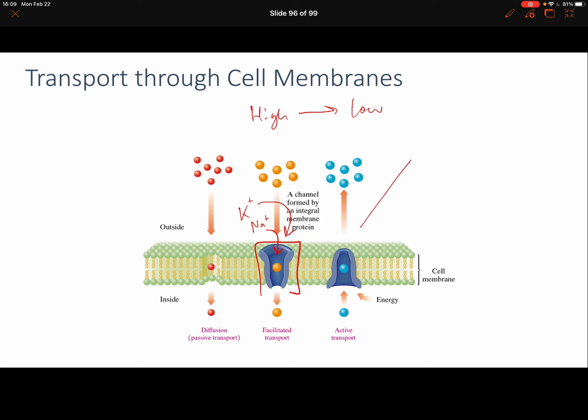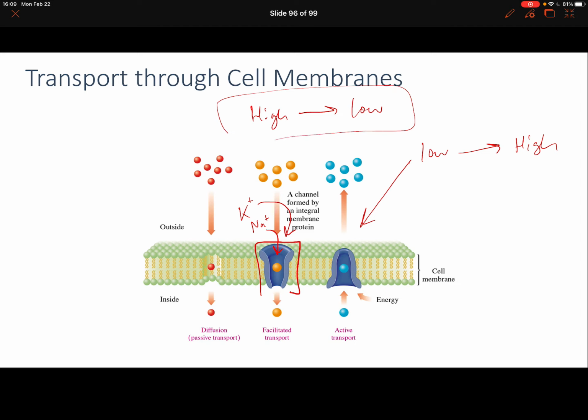Lastly, we have active transport. This one requires energy because one of the main points of this is that it moves from low to high. And you would say, well, why would we need to do that? Well, we want to be able to move things in any direction that we want, right? And so nature takes advantage of the fact that high to low is this sort of spontaneous thing.